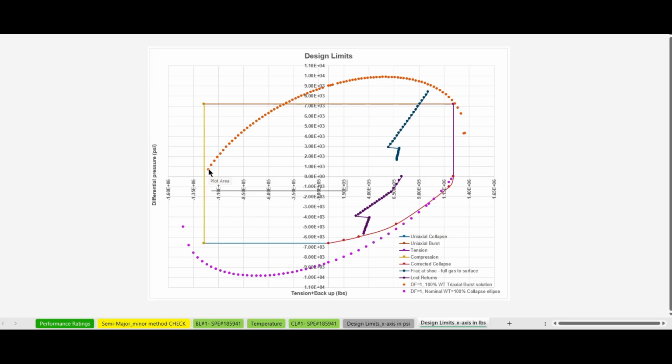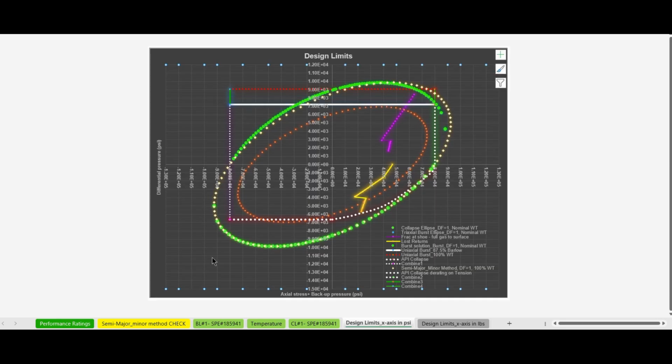And then I have also proved the burst side of the ellipse and the collapse side of the ellipse, in addition to plotting this ellipse with a semi-major or minor method. So this serves as a good quick check of how the load cases will look compared to our design limit.